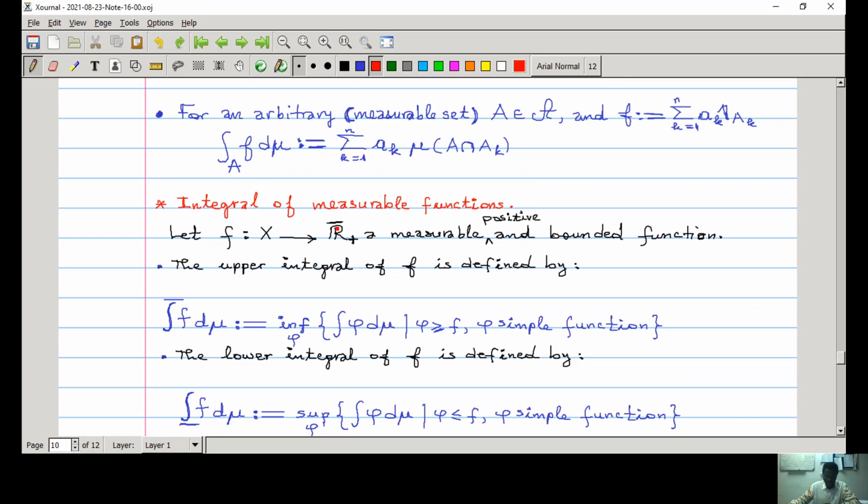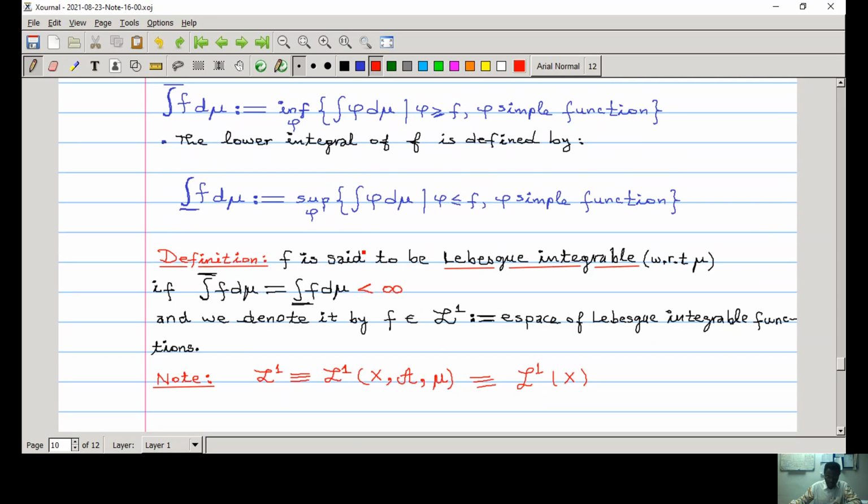So when you see the bar, it is the extended real line. But these are extended positive real numbers, right? So we are dealing with positive functions or positive measurable functions.